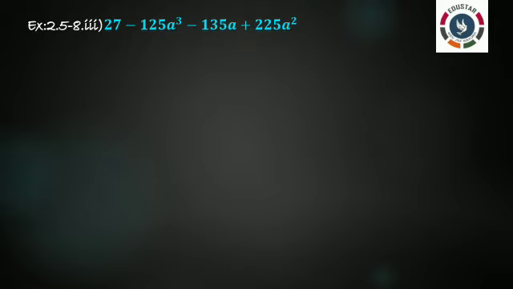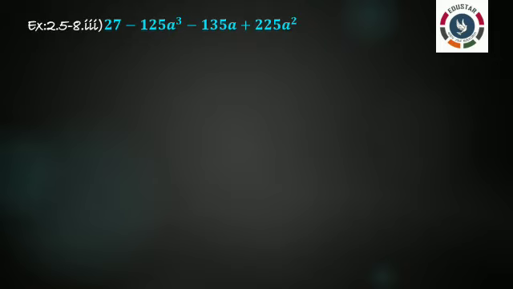We have to factorize the given algebraic expression. Now see, the first term is a cube value, right? 27 is the cube of 3, so 3 cube. And the second term, 125a cube: 125 is the cube of 5, so together we can write it as (5a) the whole cube.